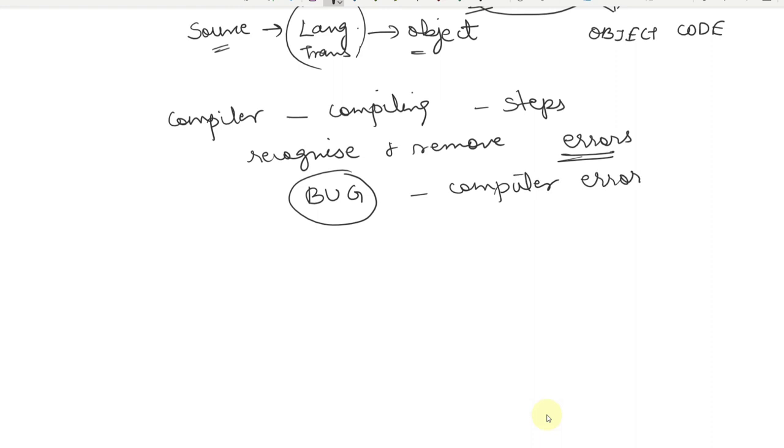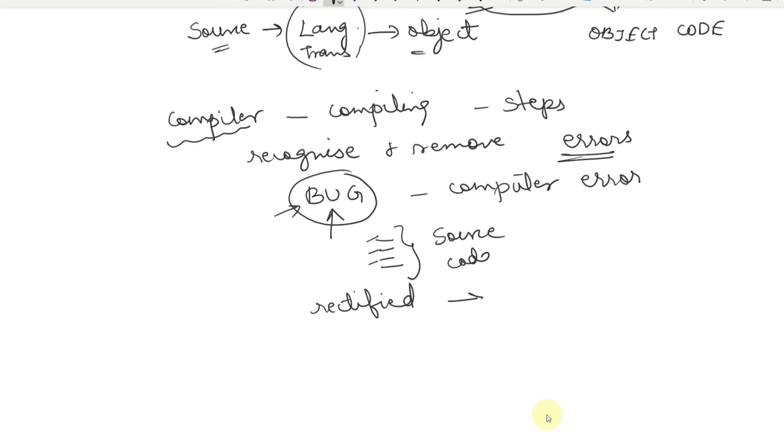So when these compilers or interpreters are working, they are actually looking for bugs in your source code. When you write the source code, the compiler compiles it together, or the interpreter works one statement at a time, looking for bugs, looking for errors. Then those errors are rectified. You'll come to know with time how this rectification process is done.